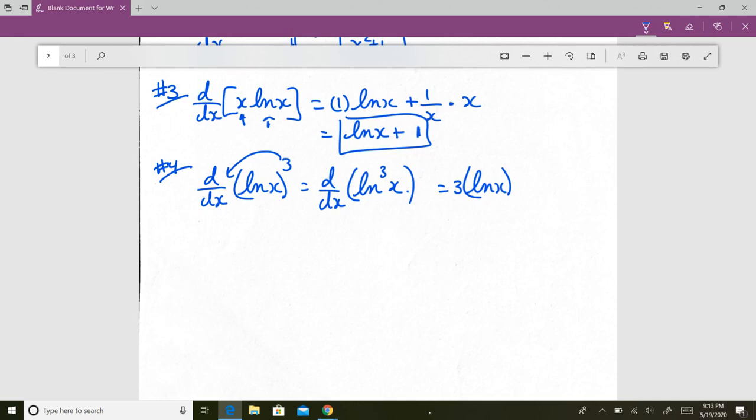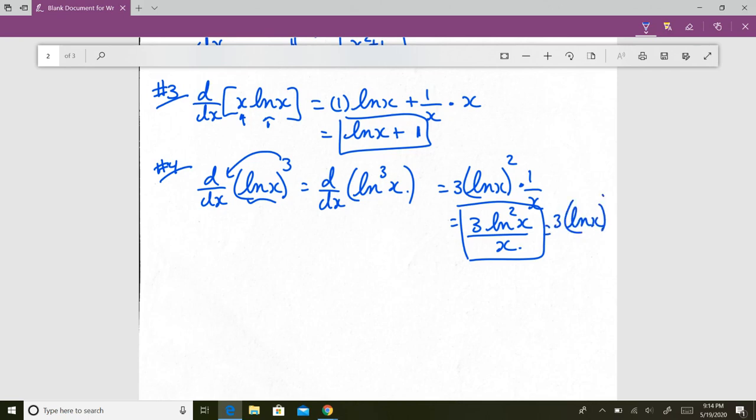Natural log of x squared times the inside derivative. What's the derivative of natural log of x? It is 1 over x. All right, so this shortens to 3 natural log squared of x over x. And those x's don't cancel because this x here is inside the natural log. It's the same as writing this. You cannot cancel those x's. You just leave it and walk away.